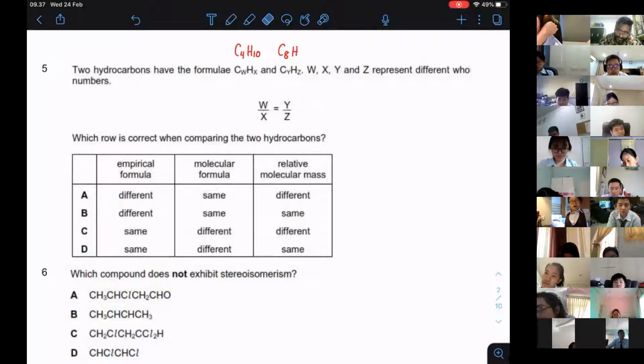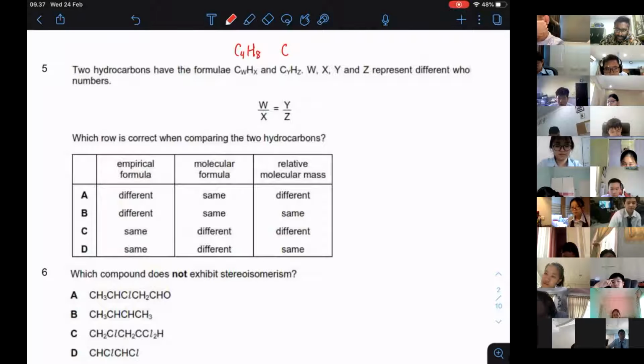How to put it? So basically this one is going to be C, let me use this one, H8. So I have C2H4. This is a random example that I can bring over here so that it's easier to show for some students who don't understand.